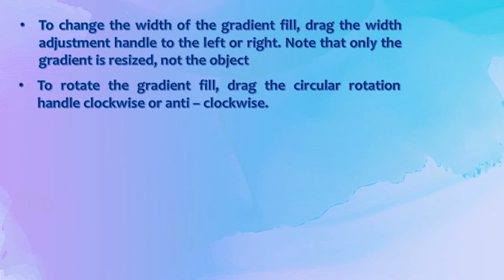To change the width of the gradient fill, drag the width adjustment handle to the left or right. Note that the gradient is resized, not the object. To rotate the gradient fill, drag the circular rotation handle clockwise or anti-clockwise.